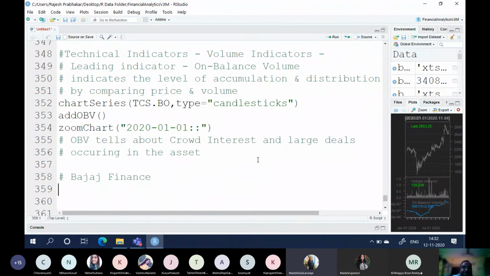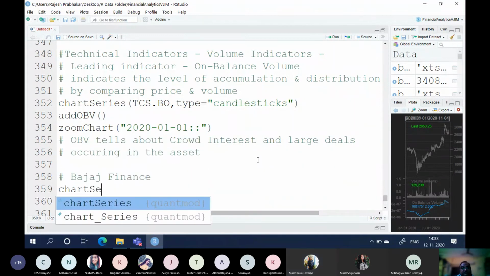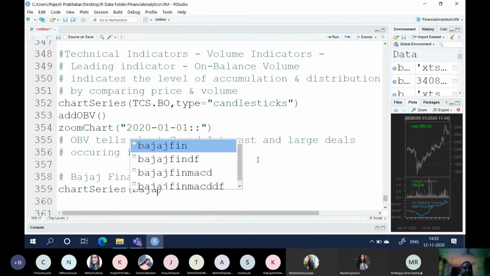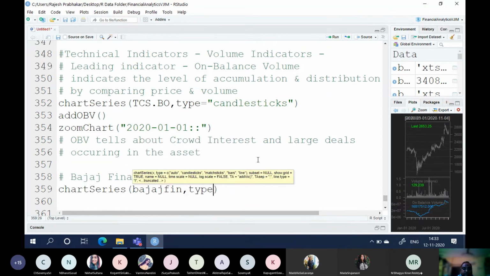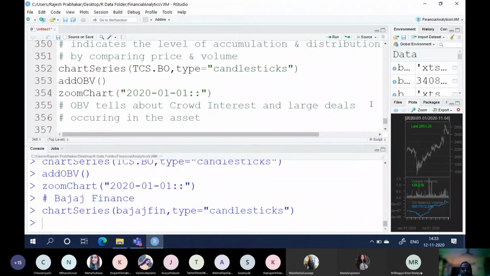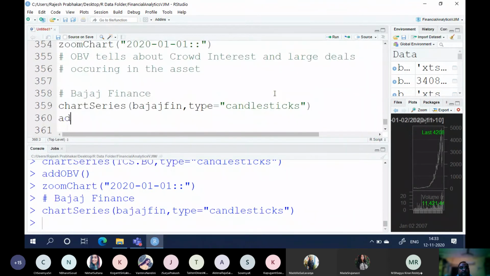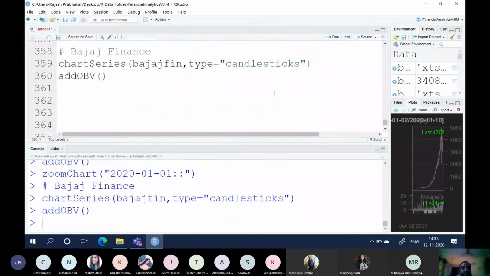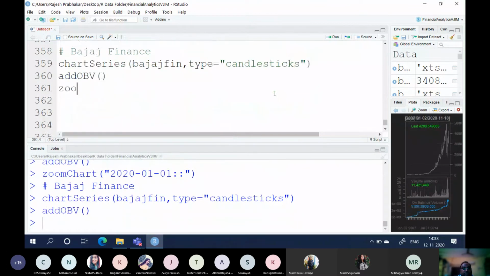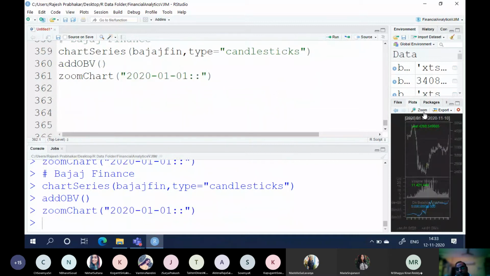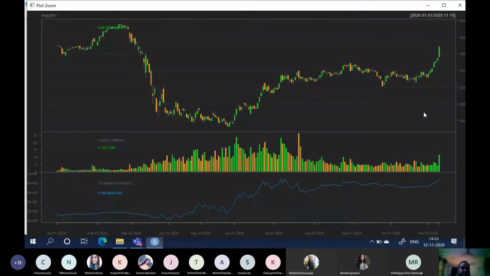Significant interest, yes. Chart series Bajaj Fin, type is equal to candlesticks. So there is considerable interest in Bajaj Finance also. It's going very much up.